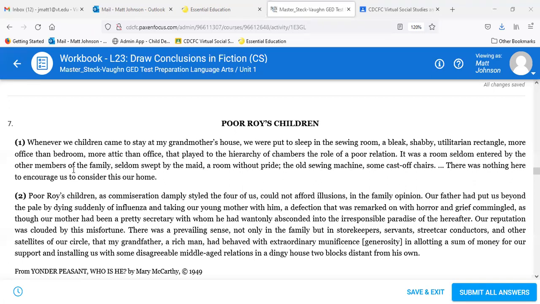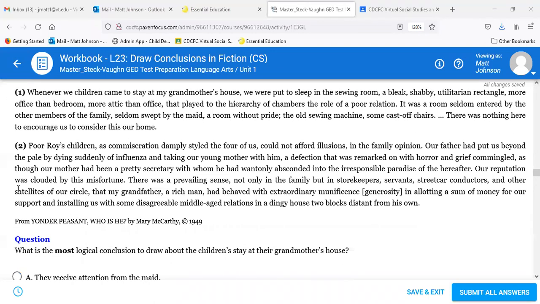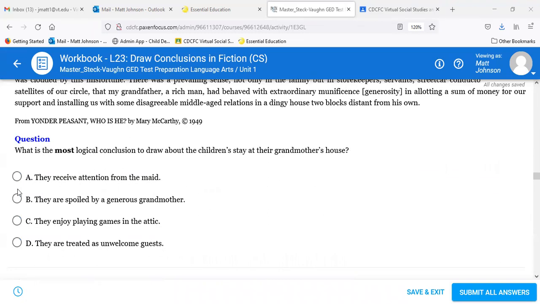From Memories of a Catholic Girlhood, by Mary McCarthy, 1949. Okay. Yeah, go ahead.